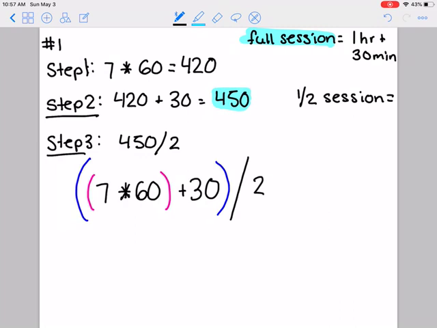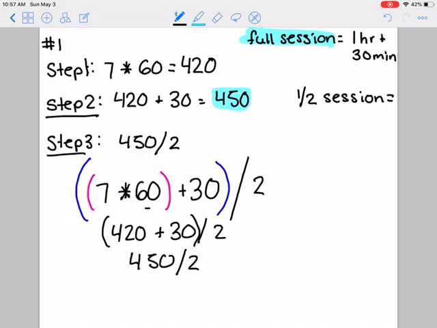And the way that you know you're correct is if you do the problem in the right steps and you get the answer. So I'm going to do the smallest parentheses first, which is 7 times 60, which we got 420. Now I'm going to do the blue parentheses plus 30 divided by 2. So now we have to do the blue parentheses, which we already know is 450 because we did this work already, divided by 2. So 450 divided by 2.